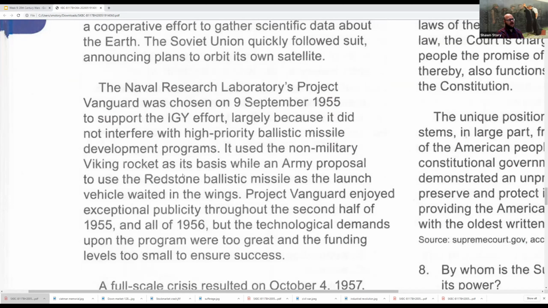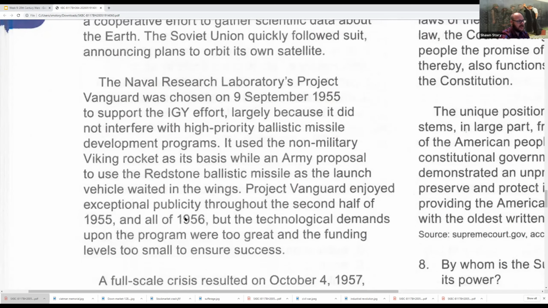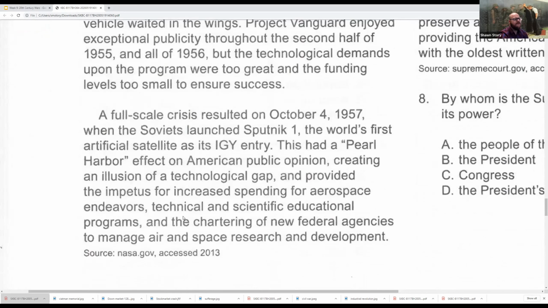Project Vanguard enjoyed exceptional publicity throughout the second half of the 1950s and all of 1956, but the technology demands upon the program were too great and the funding levels too small to ensure success. Full-scale crisis resulted on October 4th, 1957, when the Soviets launched Sputnik 1, the world's first artificial satellite, as its IGY entry.